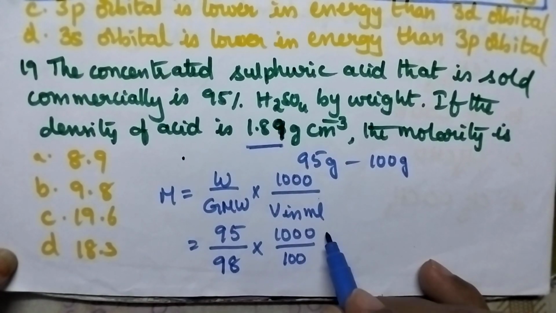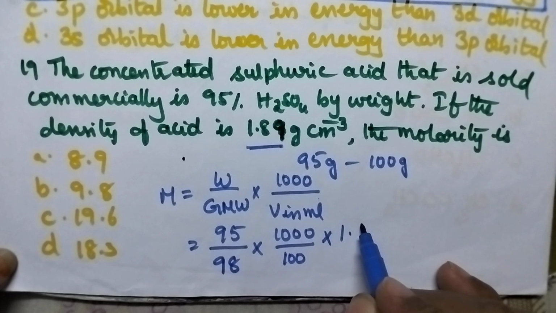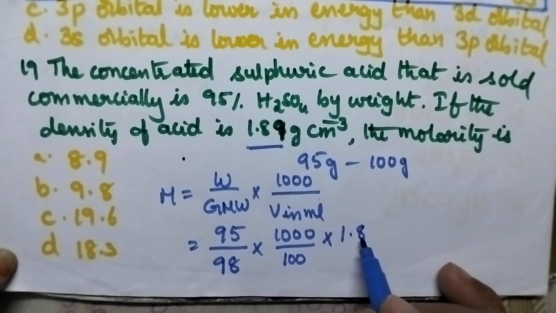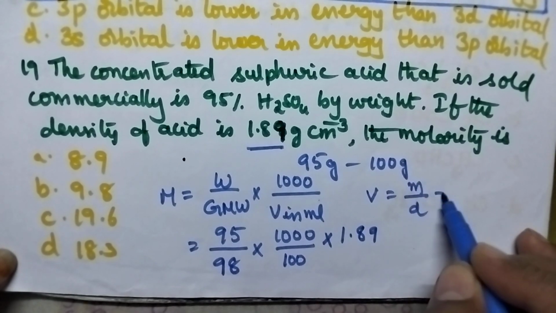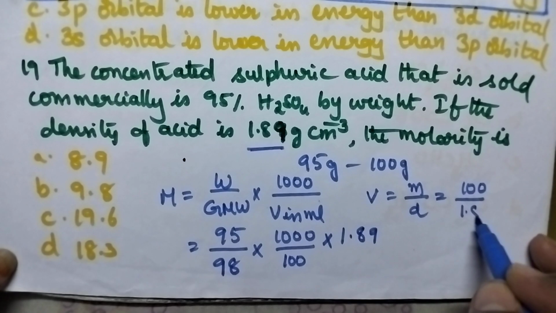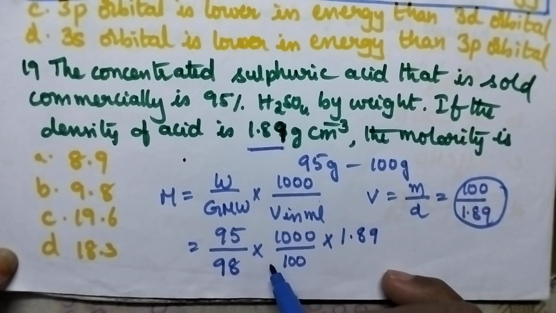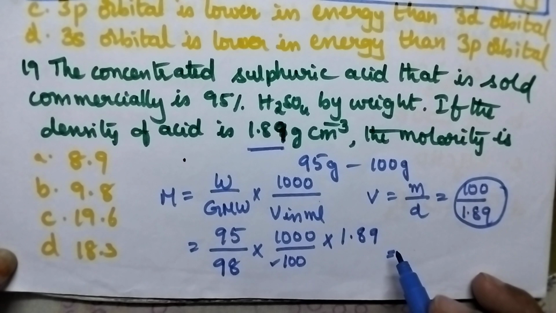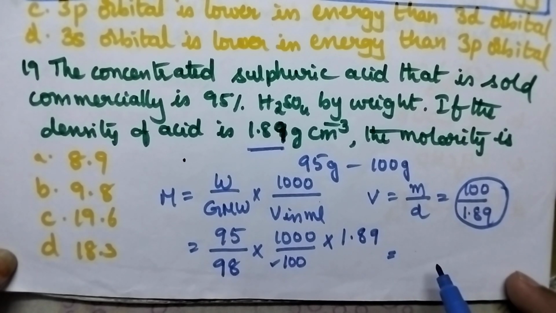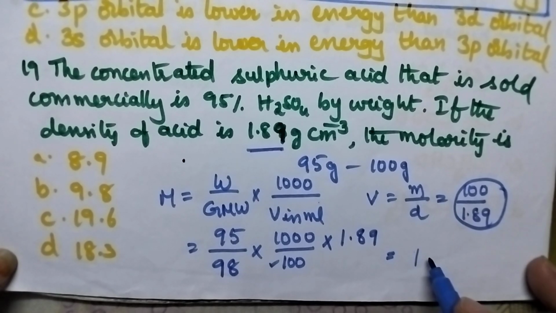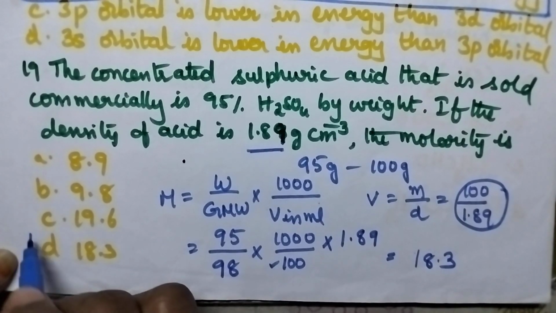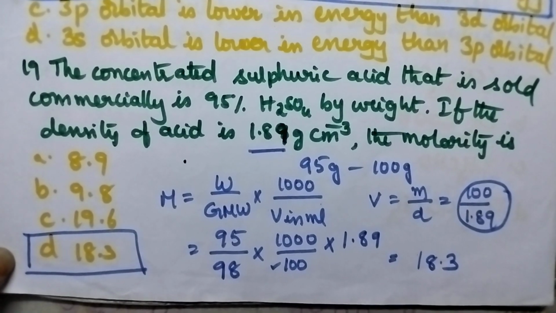Volume is equal to mass by density, mass is 100 and the density is 1.89. On substituting these values, you will get the answer. What is the answer? That is 18.3. So option D is the right answer.